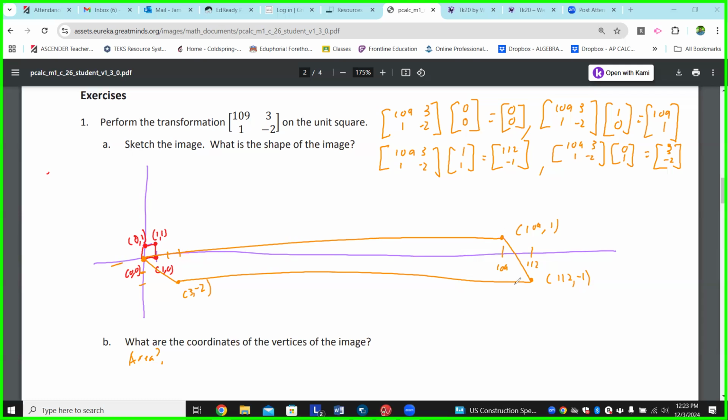Let's do this. What's 112 times 3? That's 336. And you are saying 109 times 2, but that's 218.